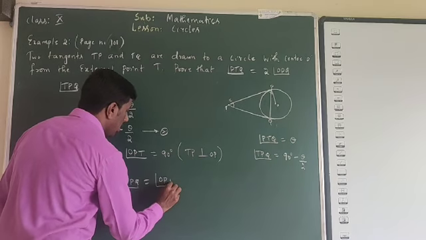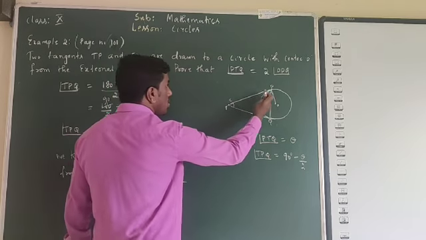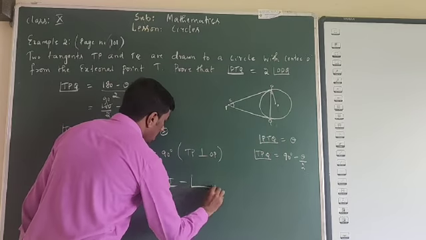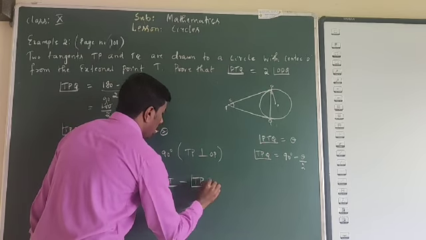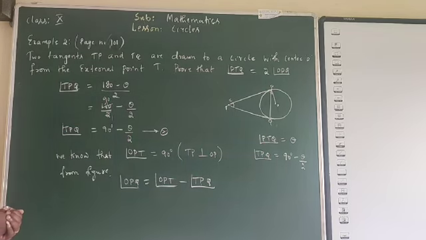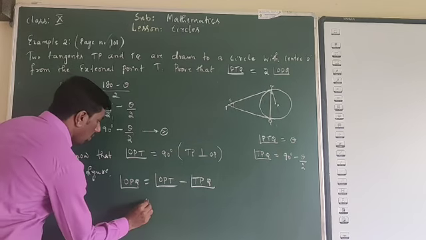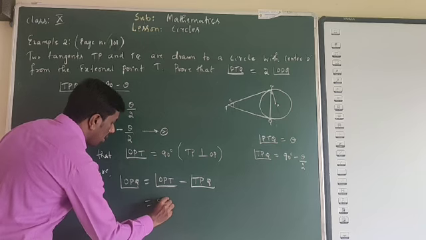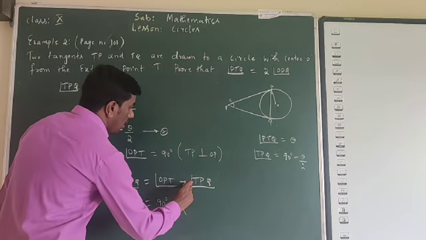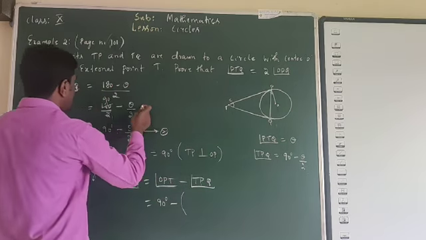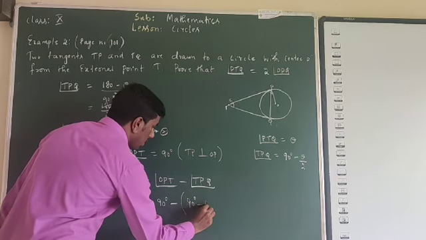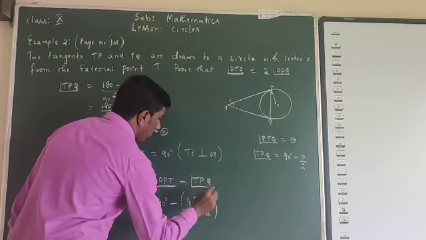OPT, minus, this angle I need to subtract, angle TPQ. Okay. Now we'll substitute the known values. OPT is 90 degrees minus angle TPQ, which is 90 degrees minus theta by 2 from equation 2. 90 degrees minus theta by 2.